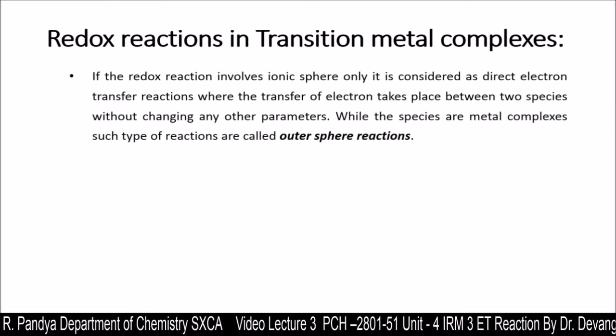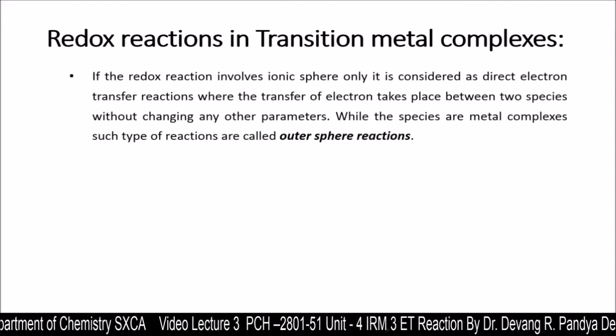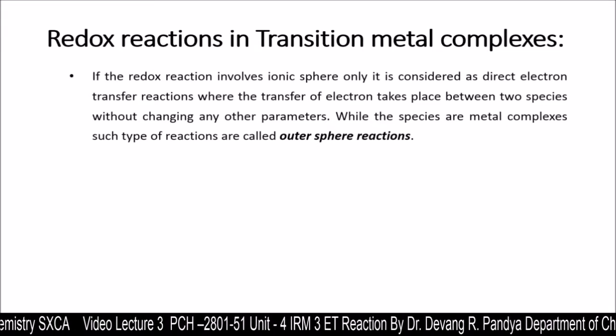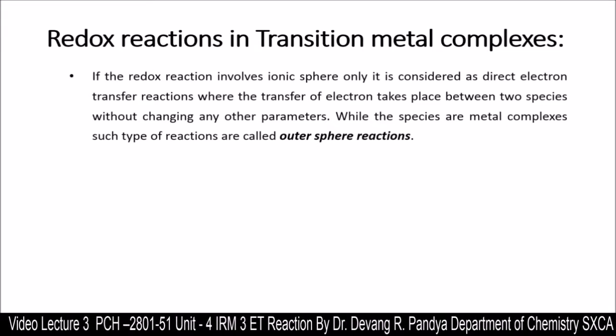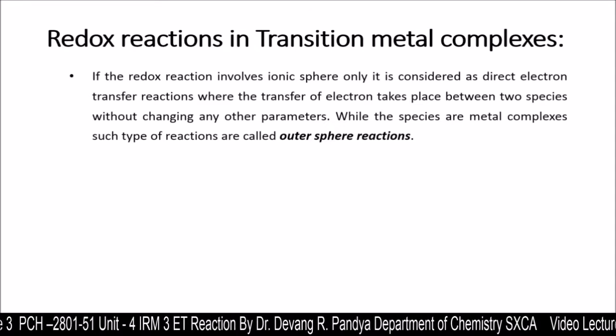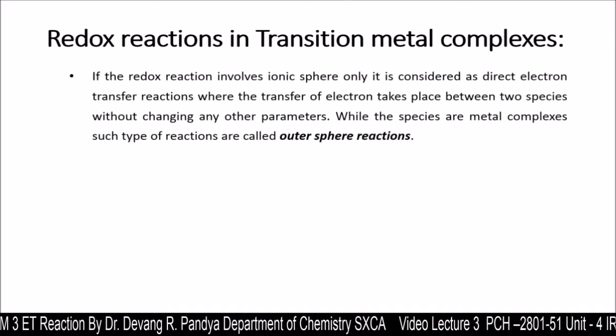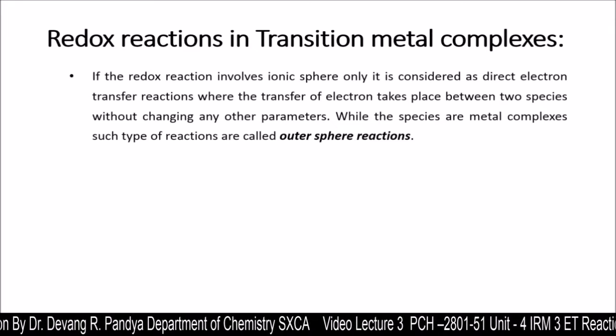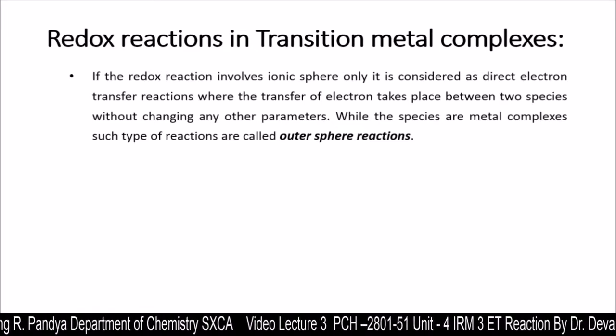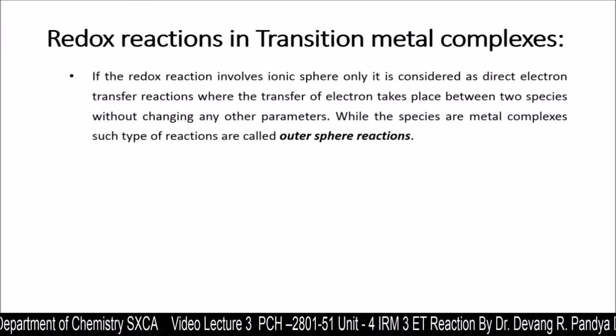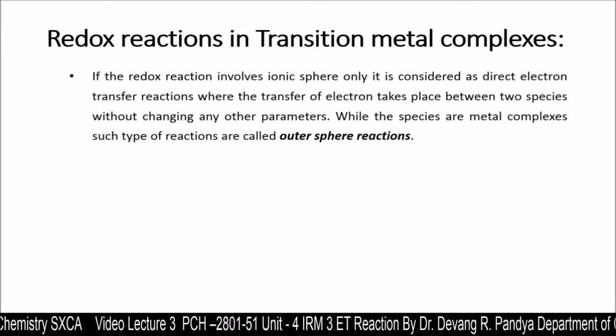If the redox reaction involves ionic sphere only, it is considered as the direct electron transfer ET reaction mechanism, where the transfer of electron takes place between two species without changing any other parameters. There is no parameter change, only electron transfer from one species to the other.